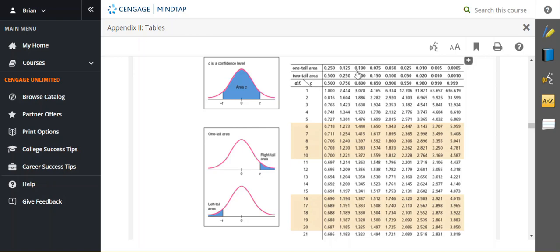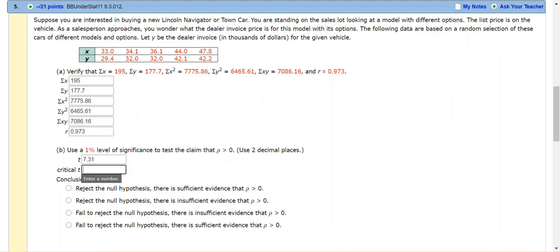I go over to 1%, and down to n minus 2 degrees of freedom, so down to 3. And I find 4.541. So the value that goes there is 4.541.